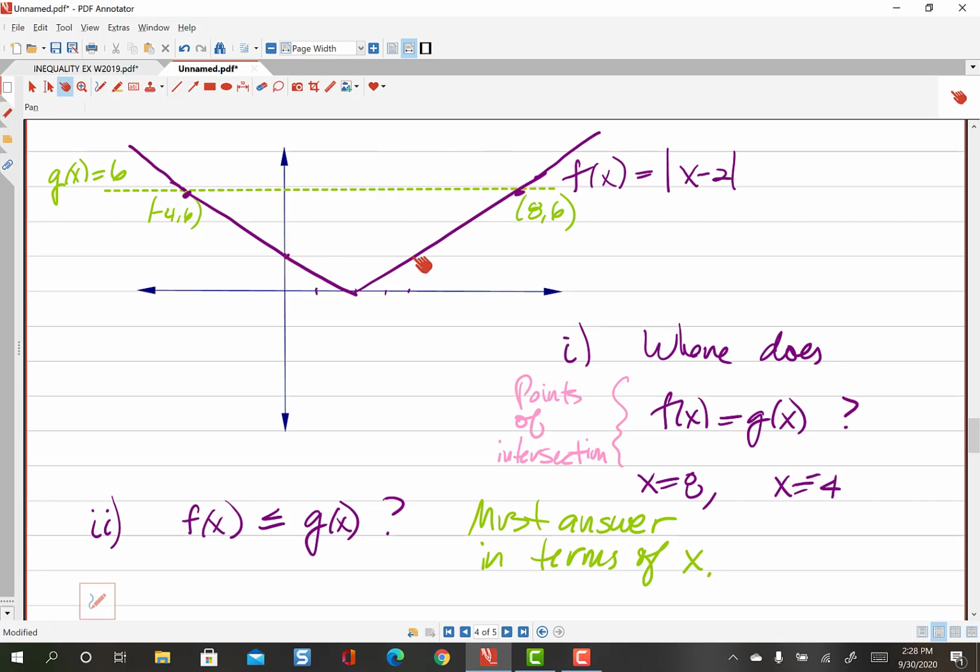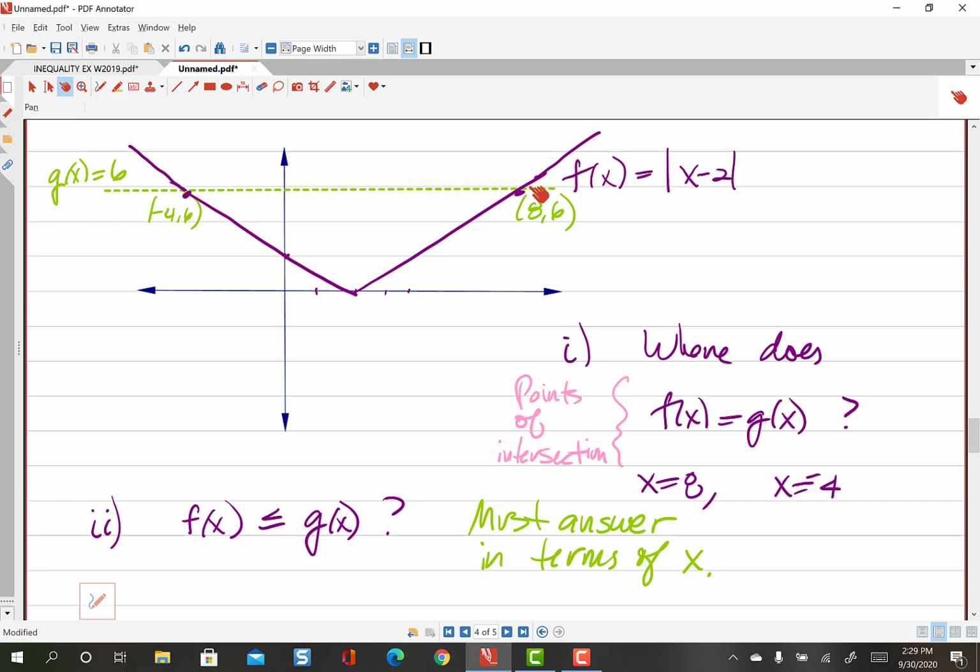So if we're trying to figure out where that is true, when you're looking at your graph, we want to know where is f less than or equal to g. Thinking geometrically, ask yourself, where is f of x below the graph of g of x? Below it. Since f is this big V thing here, and g is the horizontal line, it looks to me as though f is less than g down here.